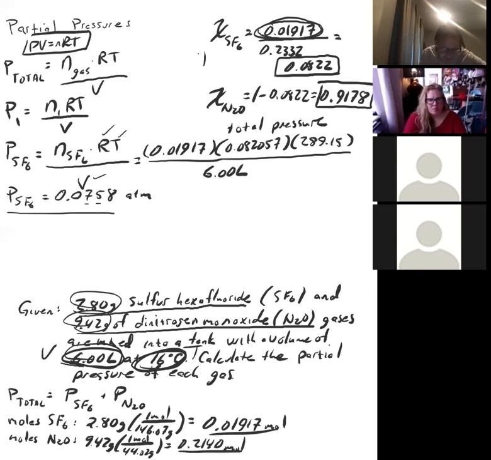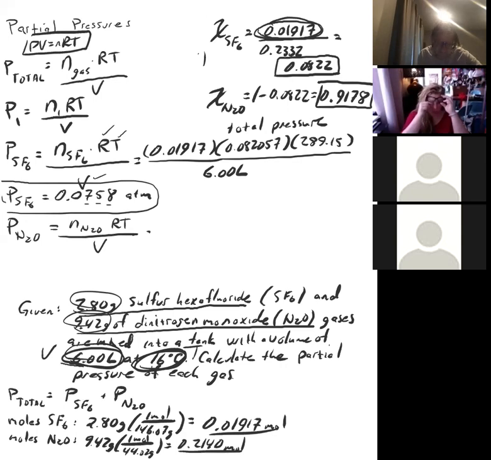Now let's do the N2O. We need the moles of N2O times RT over V. The moles of N2O were right here, 0.214, times R times T. They're in the same container, so they're going to have the same temperature. The temperature was 289.15.